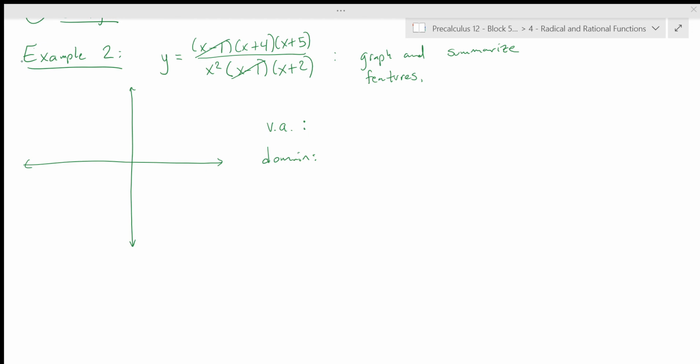So I have a vertical asymptote at x equals 0, and a vertical asymptote at x equals minus 2. Those make the denominator 0, but my domain is x not equal to 0, also positive 1, and negative 2. So the point 1 is excluded from my domain, but this is going to be a point discontinuity.